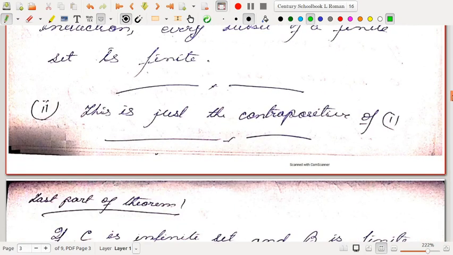And the second result is just the contrapositive. S is finite implies every subset of S is finite. The contrapositive is: if there is a subset which is infinite, then the original set, or the superset, will also be infinite.